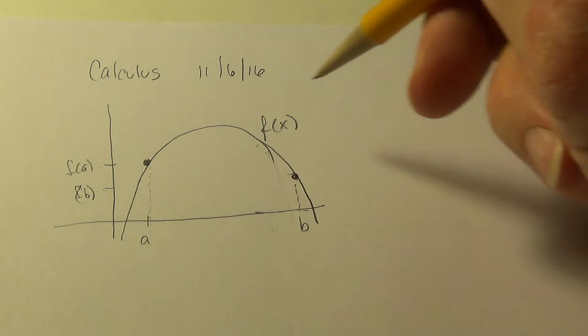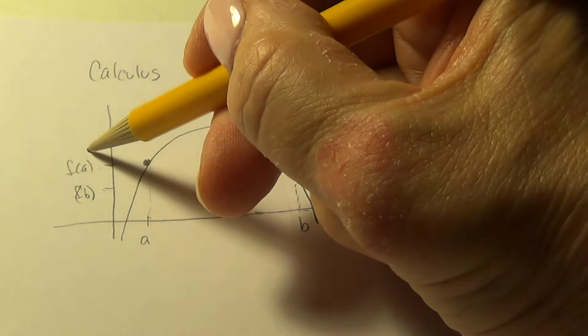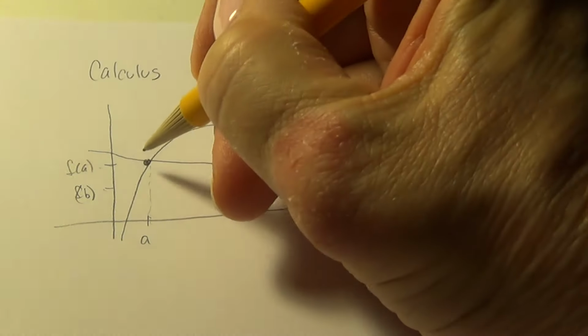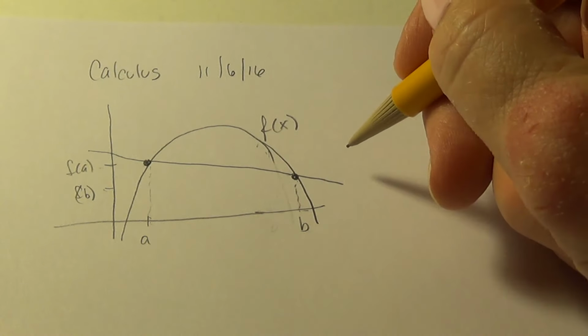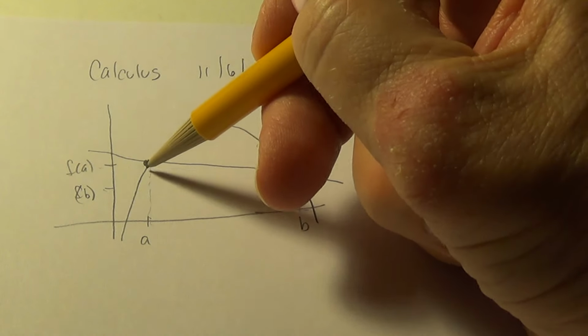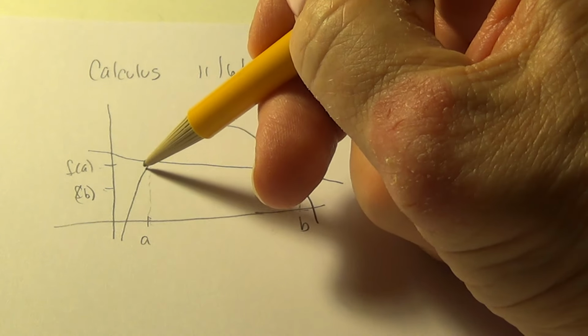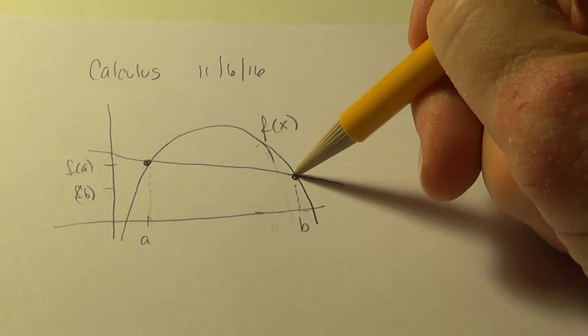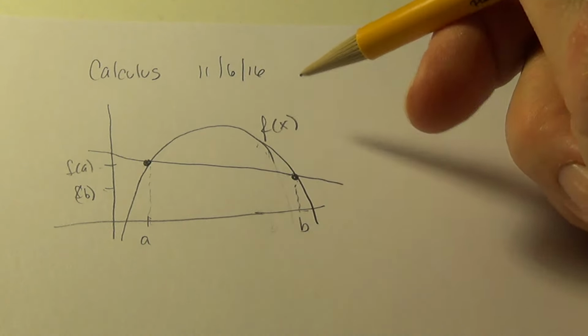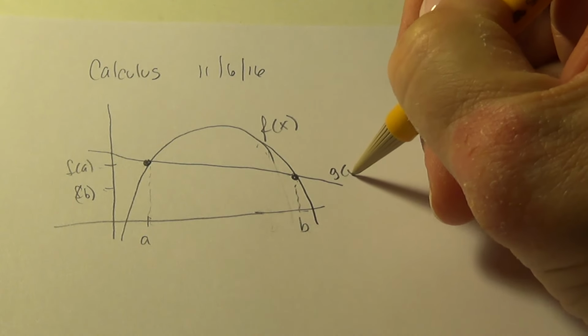Alright, now I'm going to draw a secant between the 2 points. And notice that is a straight line, and the secant has the same value at A and at B. Let's call the secant g of x.